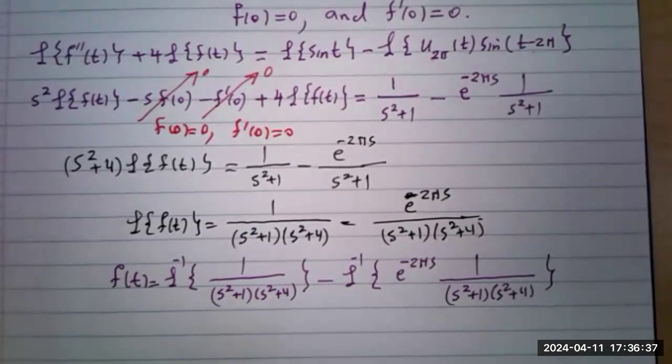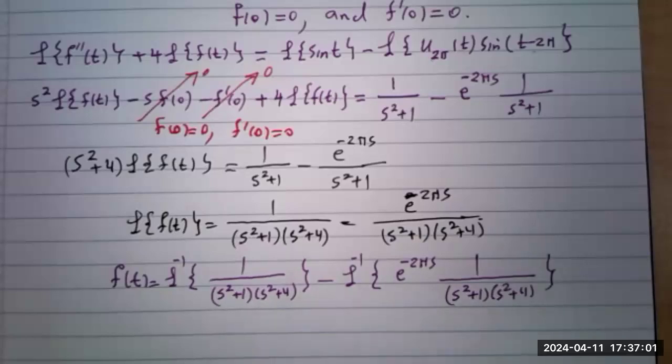Now, if you find the first one, automatically you can get the second one right away. For the second one, you know that there's going to be a factor of u 2 pi t. You find the Laplace inverse of this, and you change the t into t minus 2 pi. And you have it here already.